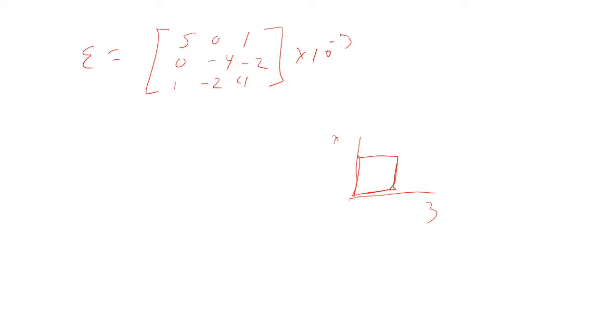And if this is 1 and 1, well, what are we doing? We're stretching in X. What does our 2D XZ strain tensor look like? 5, 1, and then 1, 4. Right? 5, 1, 1, 4.